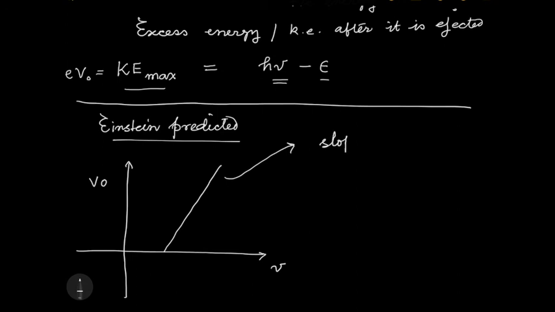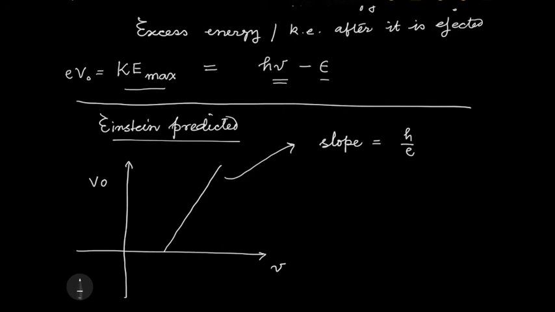And this curve will have a slope which is given by h by E, where h is the Planck's constant. Now you see, Planck's constant came from explaining a completely different observation, black body radiation. Einstein is predicting that you will see the same constant for the slope of this line.